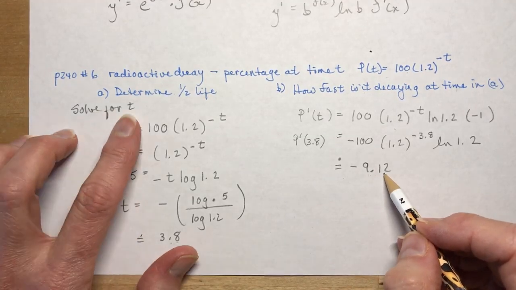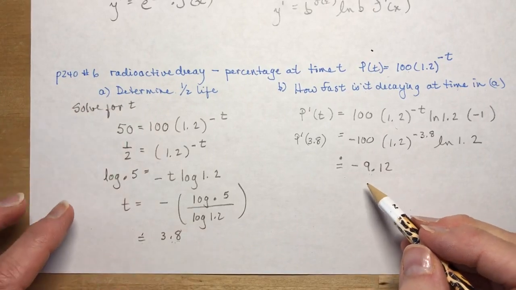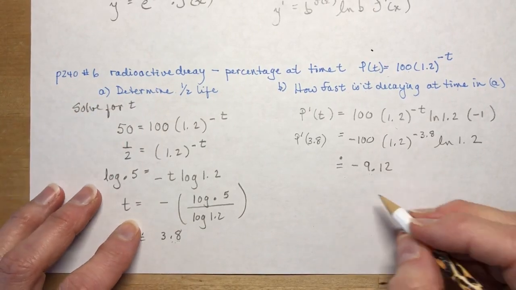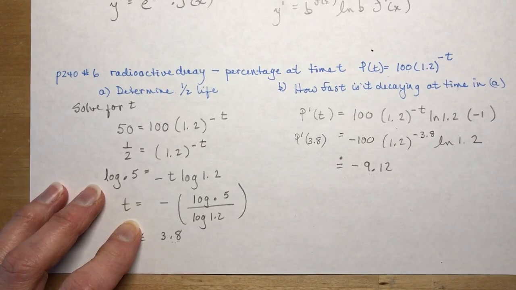So that means it's decaying at 9.12. I think I didn't have the question brought up here, but I think it was grams per hour, maybe. You'll have to look that up yourself. I don't have the textbook open. Let me see if I can find it quickly here. It's years and percentage p.